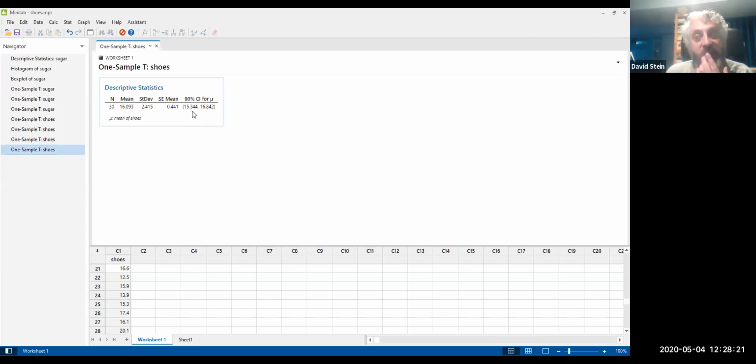Okay, and now you're going to see here is the actual hypothesis test. I'm not sure if there's an option somewhere in Minitab to switch this. I haven't found it. That's what I noticed with fooling around, because these are the numbers that we got. 15.344 and 16.852. Anyway, I just noticed that in the new version of Minitab.